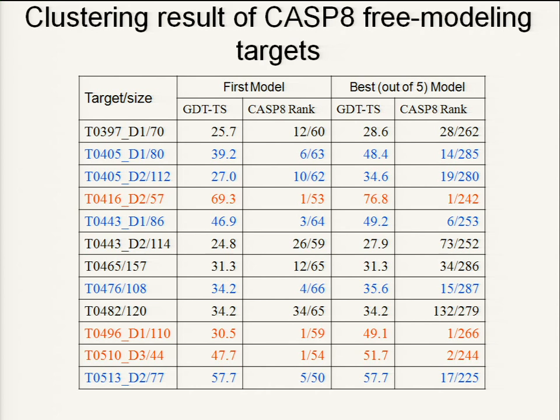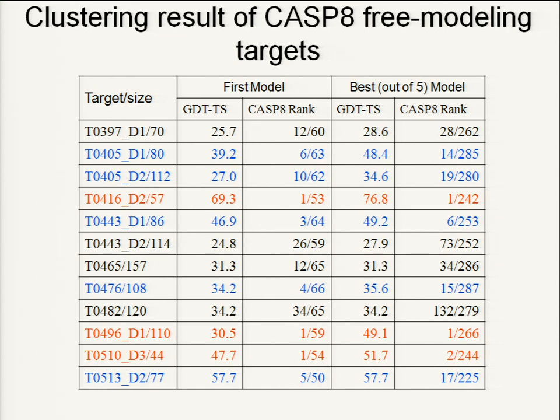The green and blue, you can see that it's very good, and those blacks are fairly good. One thing to notice here is that T0498D1 and T0410D3 are the truly new folds for CASP, and we did very, very good on those two.